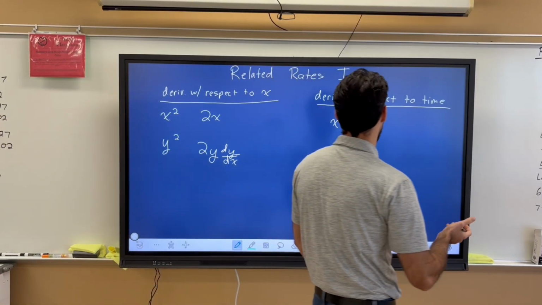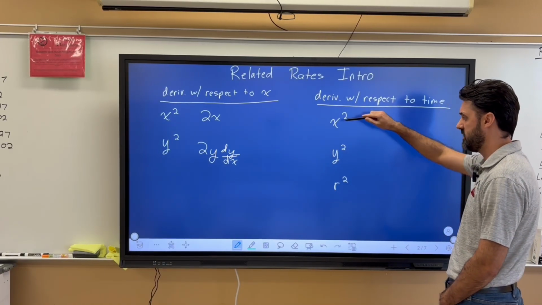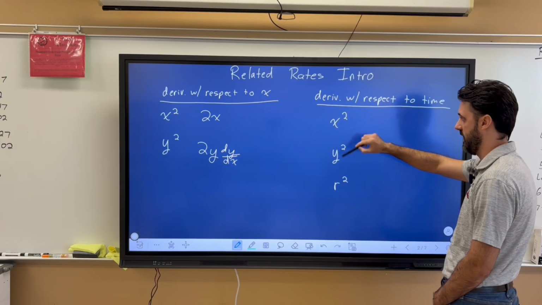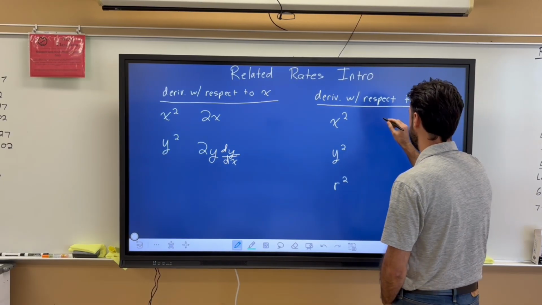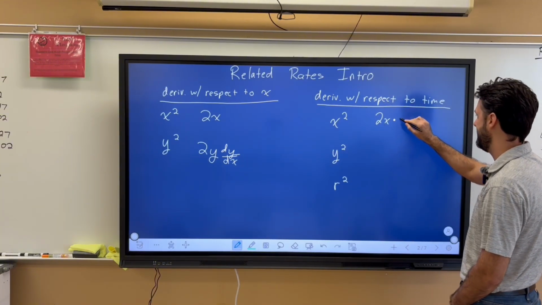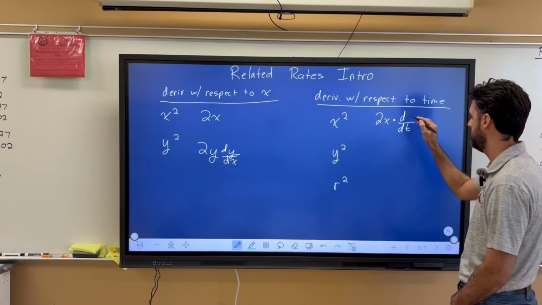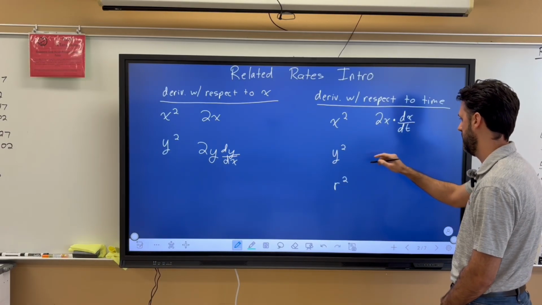Now what we're doing, though, is we're taking derivatives with respect to time. So none of these are the variable for t or for time. So when I take their derivative, I would have to multiply all of these by d something over dt. In this case, it would be dx over dt.